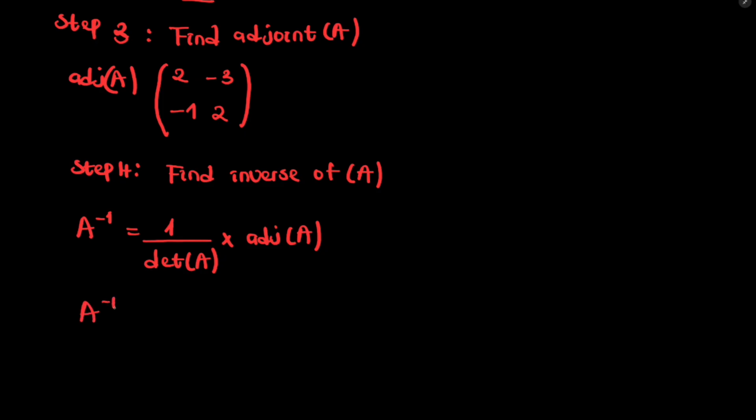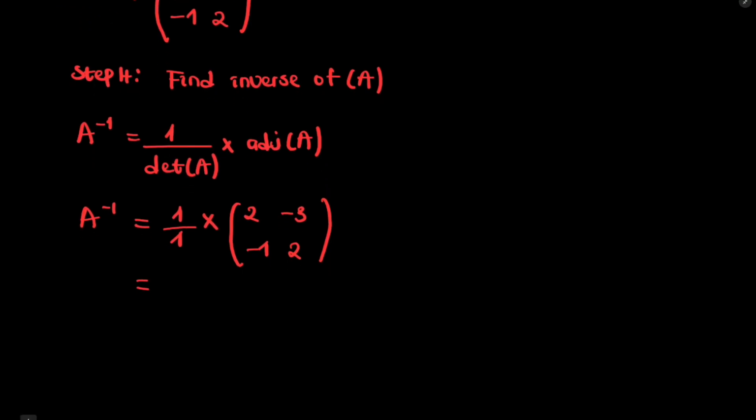A inverse is equal to 1 divided by 1, since the determinant is 1, times the adjoint, which is 2, minus 3, minus 1, 2. So 1 divided by 1 is basically 1, and this is the inverse.